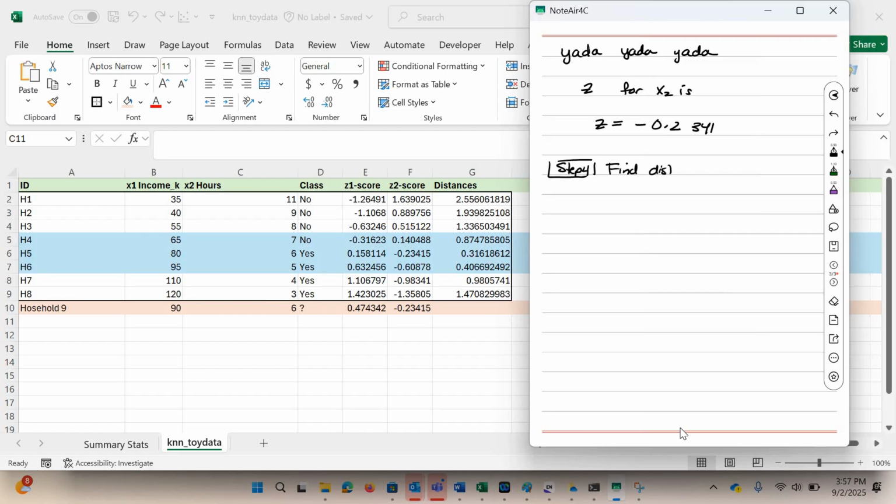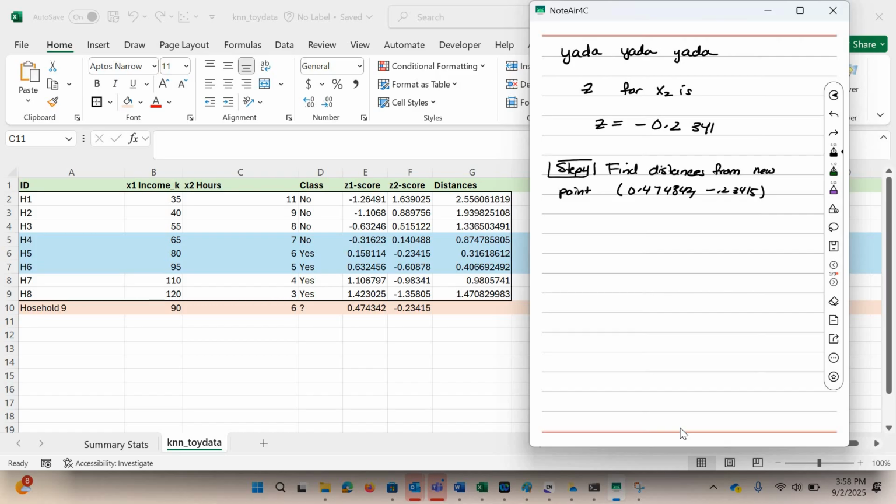Remember the distance formula? The new point was 0.47432 and negative 0.23415.